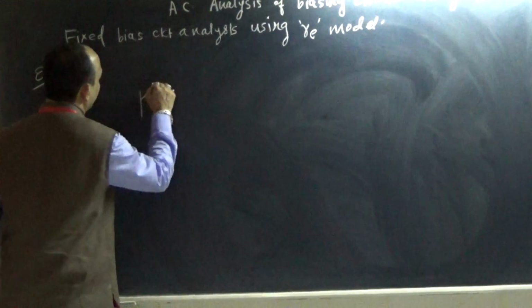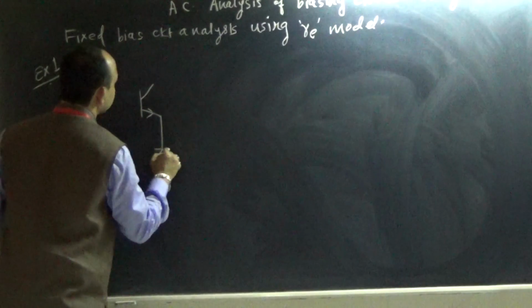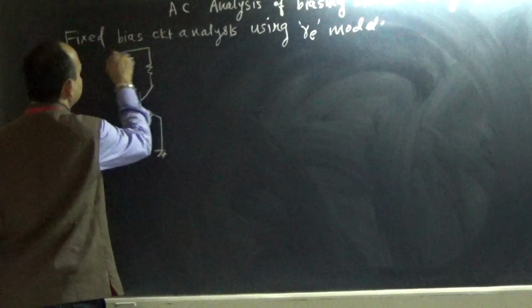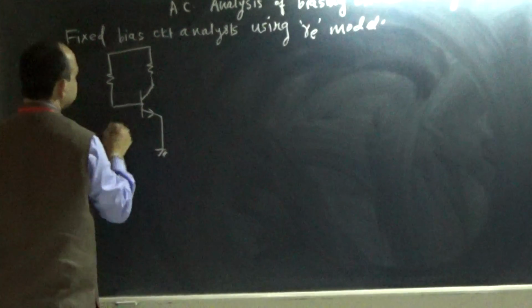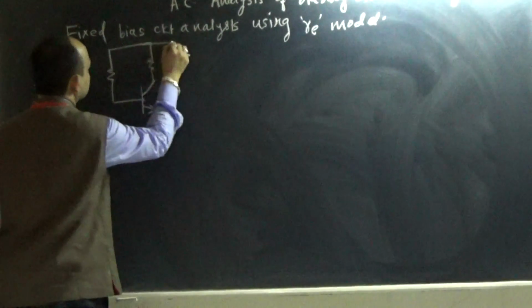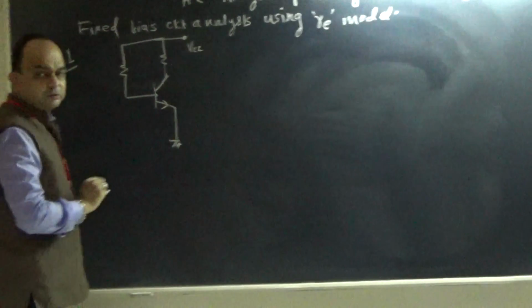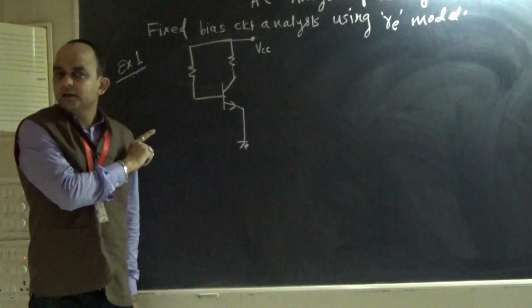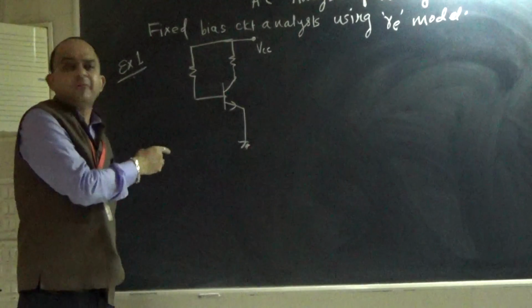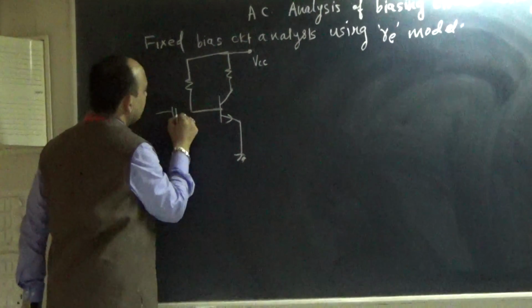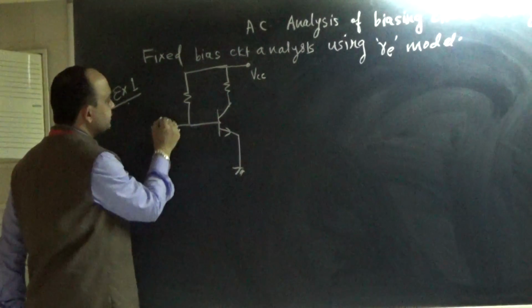They may even give you a problem like this. Now all of you are familiar with the fixed bias circuit. So this was the fixed bias circuit, correct? If I want to make it an amplifier, what will I have to do? Why is this introduced?